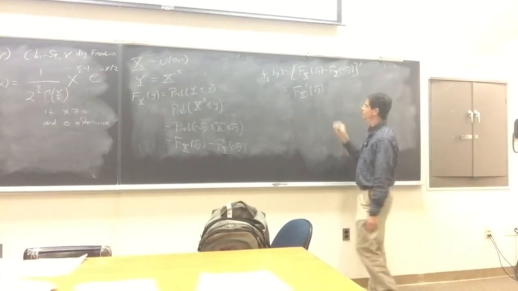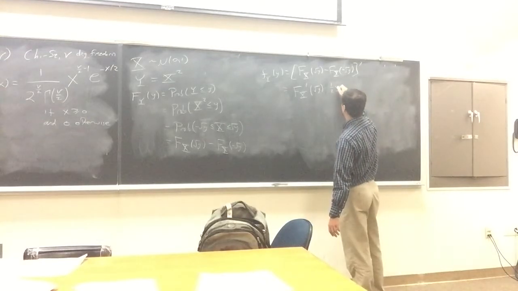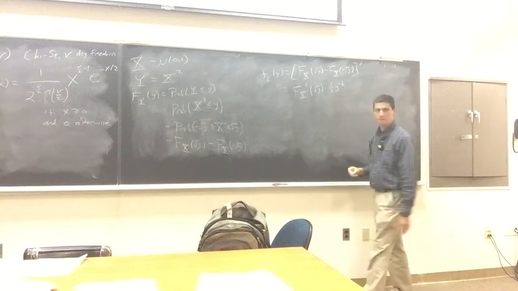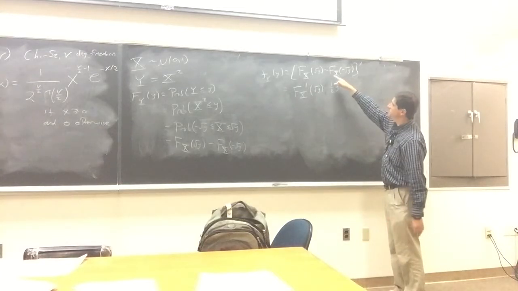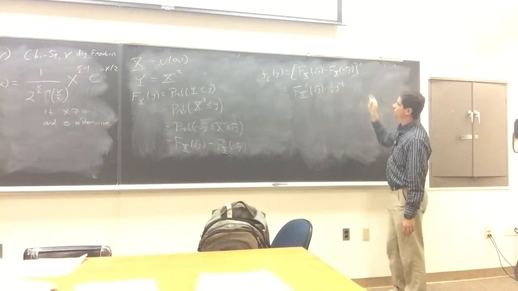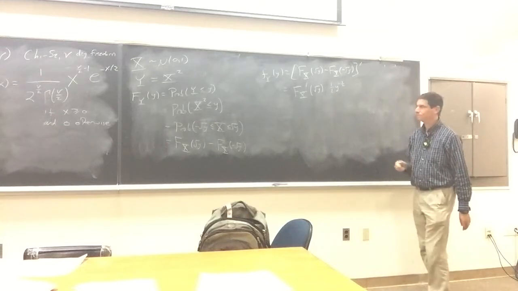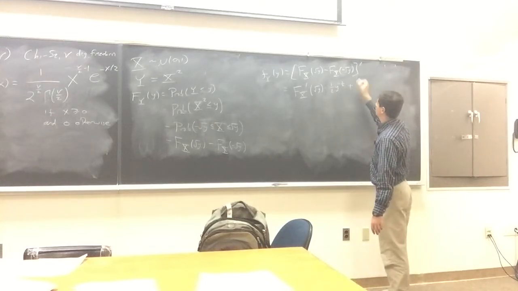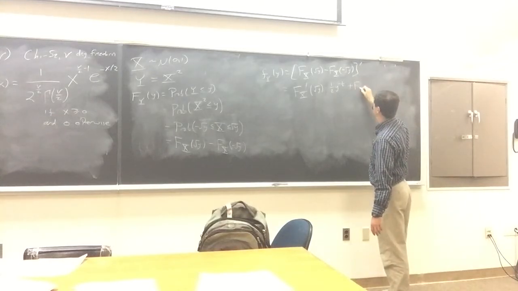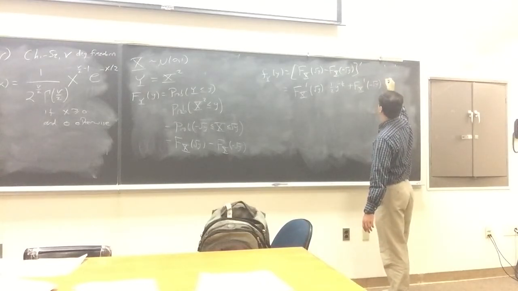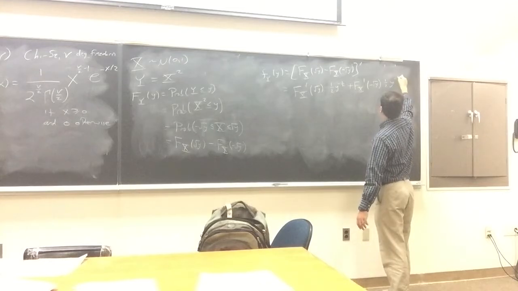The derivative of square root of y would be 1/2 y to the minus 1/2. And for the next piece, when I take the derivative, the minus signs will eventually cancel. I'll get f of x at negative square root of y times 1/2 y to the minus 1/2.